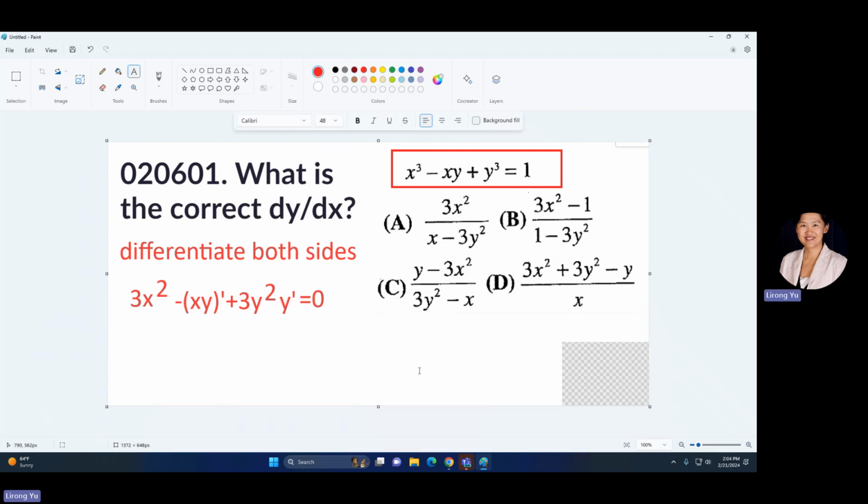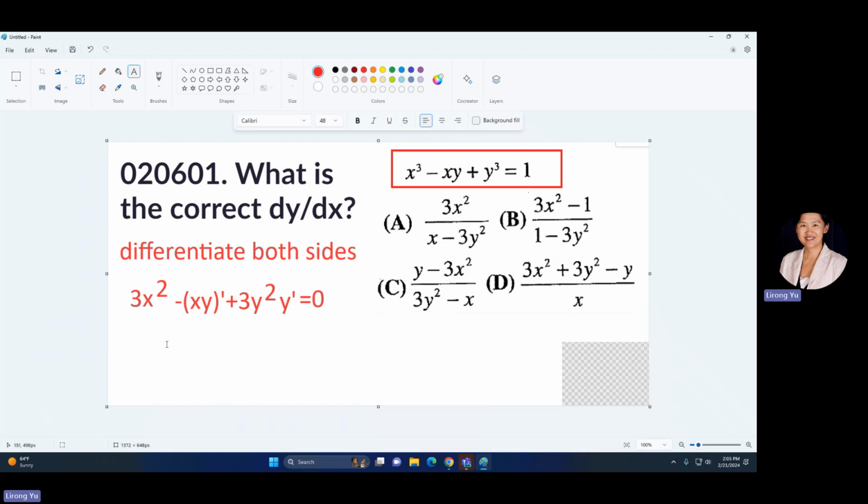So we have done the differentiation for x cubed. We've done the differentiation for y cubed. All right, we have yet to calculate the derivative of x times y. So we have to apply product rule.